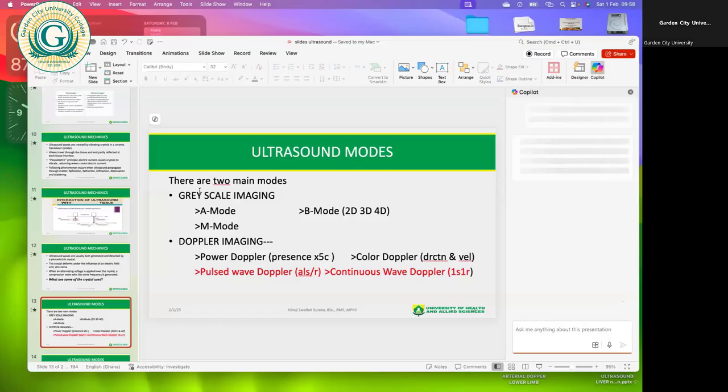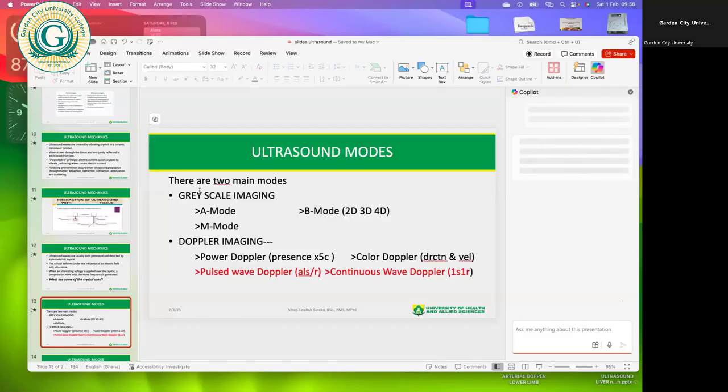What do I mean? I mean that clear fluid structures, like the amniotic fluid, will appear black on ultrasound, whereas highly dense materials like bones will appear white.